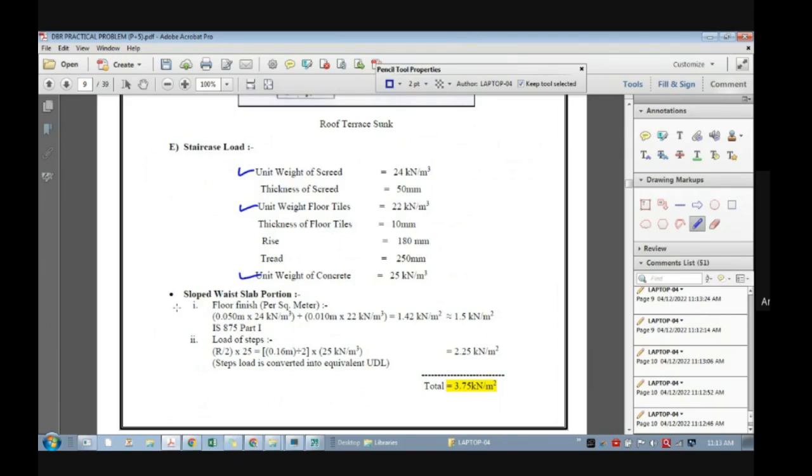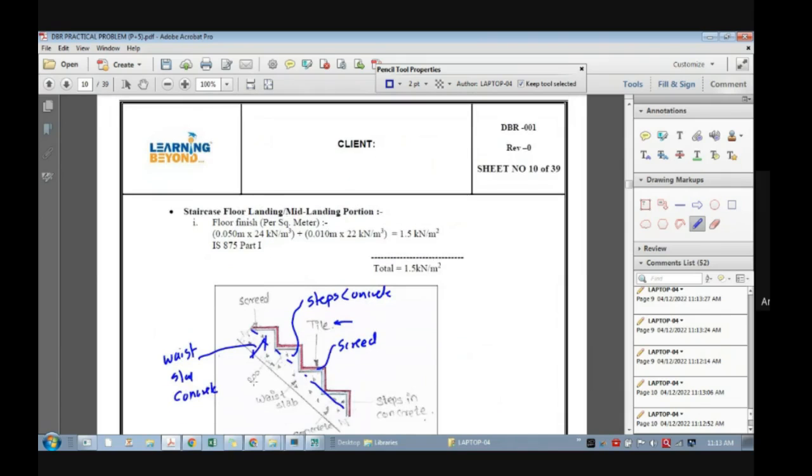Okay. Then floor finish load. Load of the steps has a formula, R Y by 2 into density. That way you can calculate the weight of the steps. Then there will be floor finish load with tile and screed. Okay.